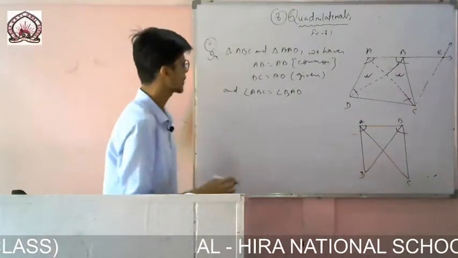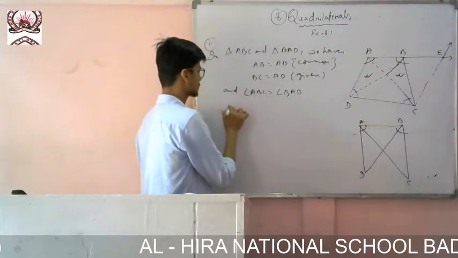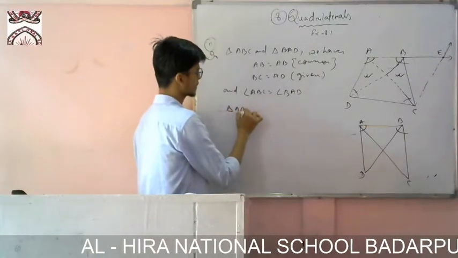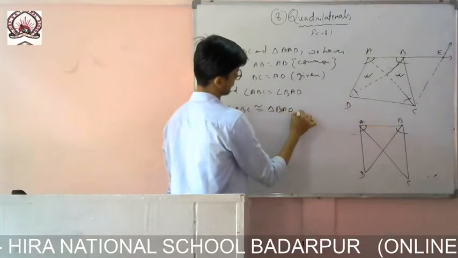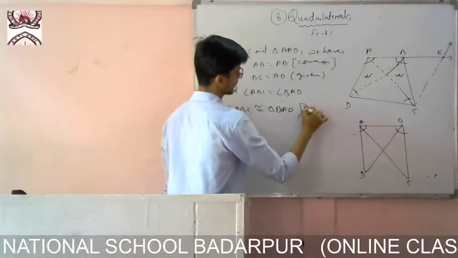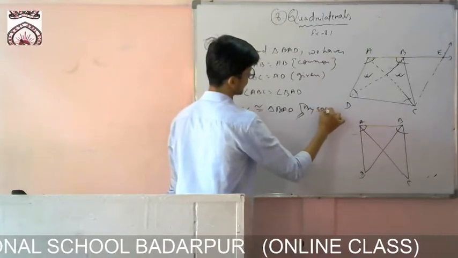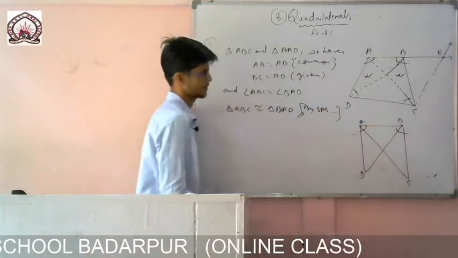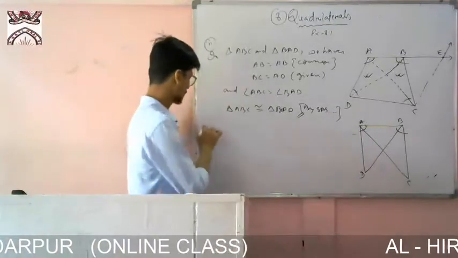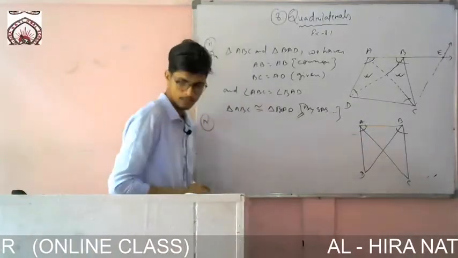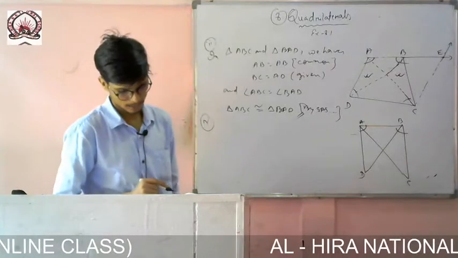So if two sides and one angle are equal, then I can say that these two triangles are congruent by SAS congruency. And Roman number 4, you have to prove that diagonal AC is equal to diagonal BD.